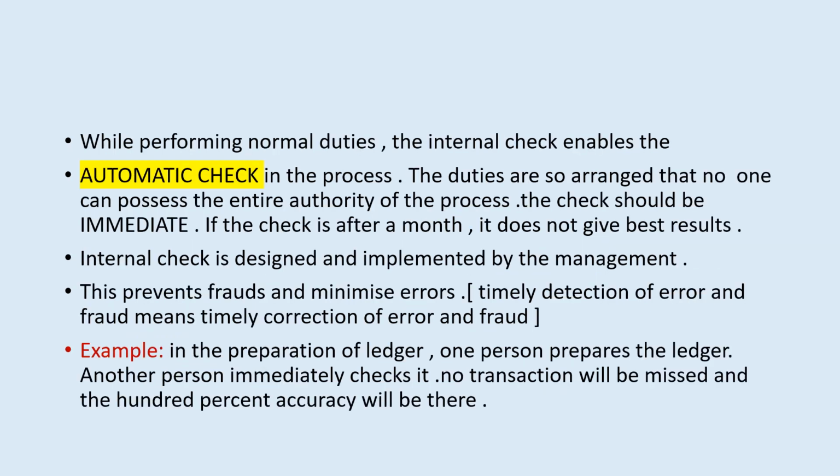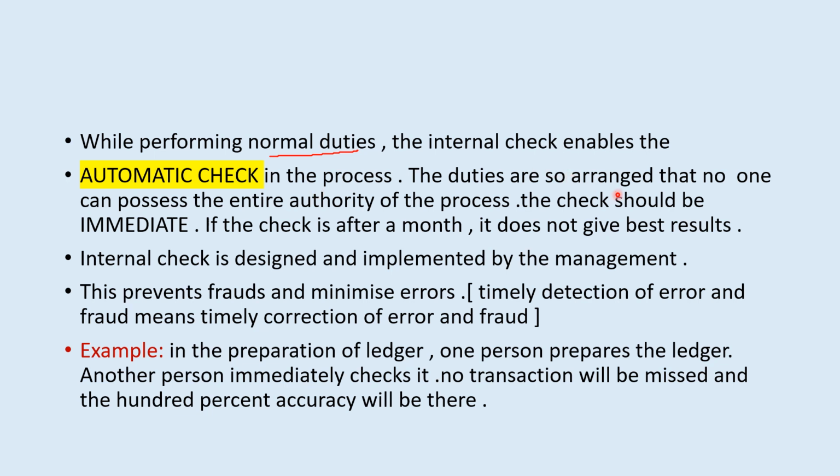While performing the normal duties, daily works, daily course, whatever is happening in the organization, in the department, internal check will enable the automatic check in the process. You don't have to assign separate days or separate hours for checking. Automatically, the check will take place.